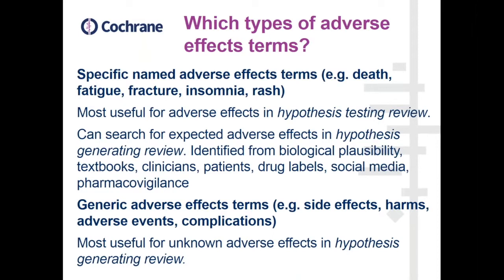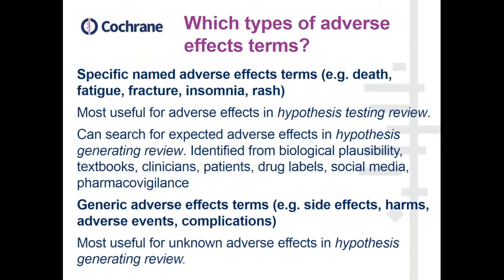But as I mentioned, we could think about what adverse effects we expect. So by looking at the biological plausibility, for example, looking in social media and textbooks, and identifying some named adverse effects. But you wouldn't just rely on those named adverse effects.